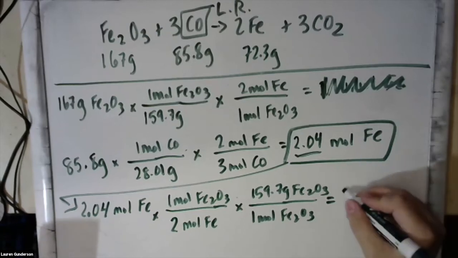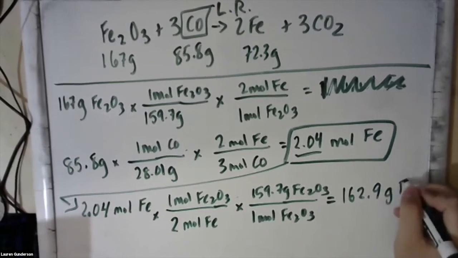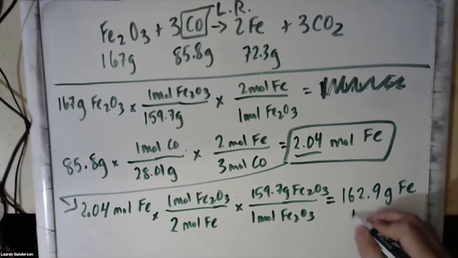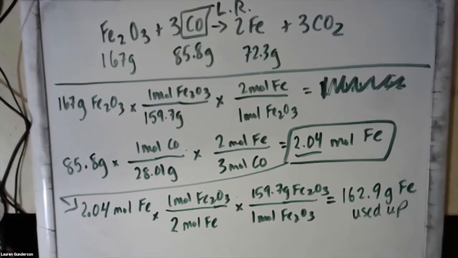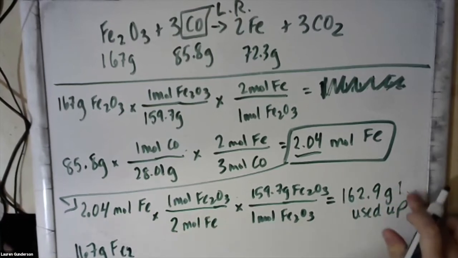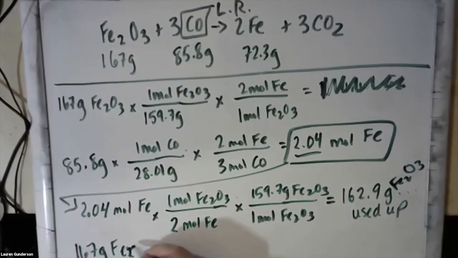Okay, so we used up 162.9 grams of Fe2O3 during this process. So to find out how much we have left over, we're going to subtract the amount we started with, our 167 grams, and we're going to subtract the 162.9 grams from that.